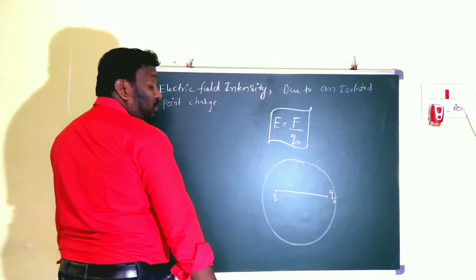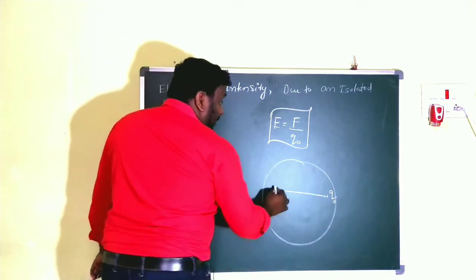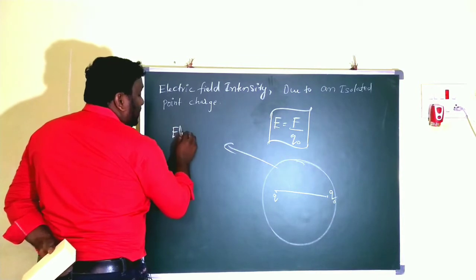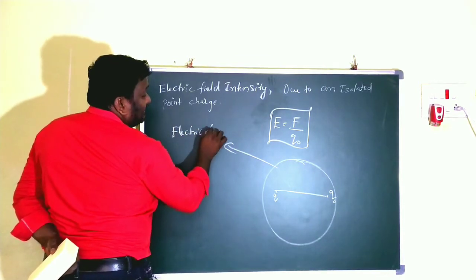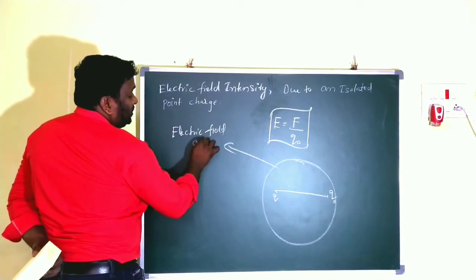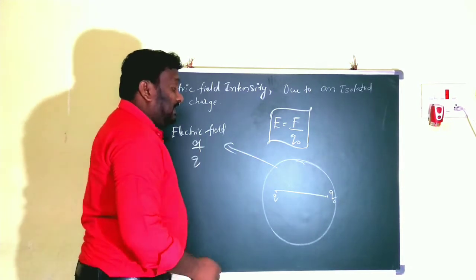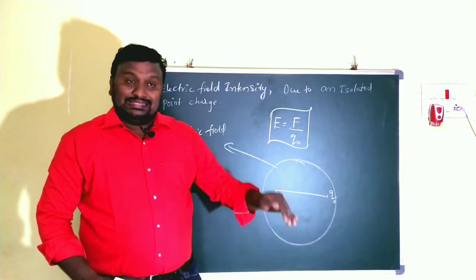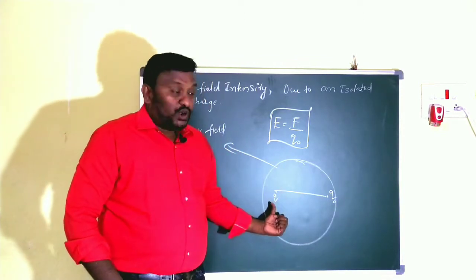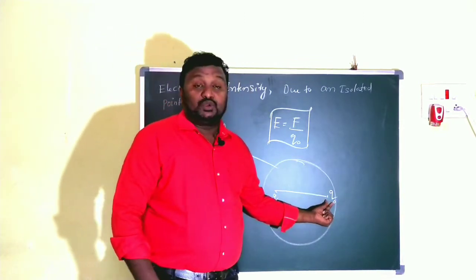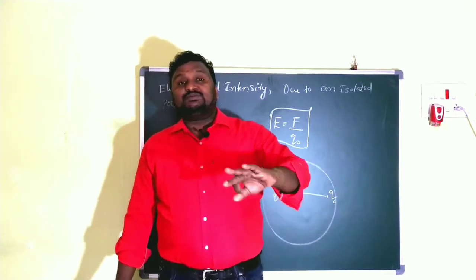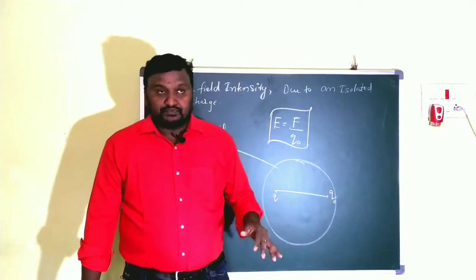That circle is the electric field of Q. In that field, at a particular distance from the charge, you keep some charge Q naught. Here Q naught is the test charge. The test charge must always be taken positive.